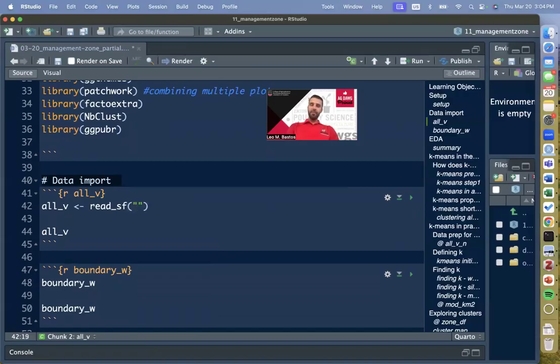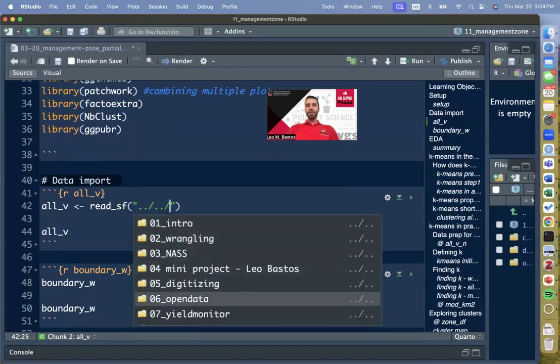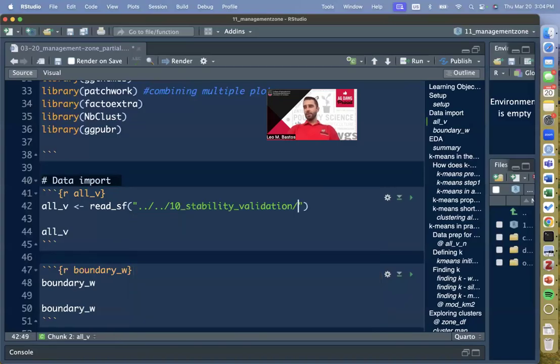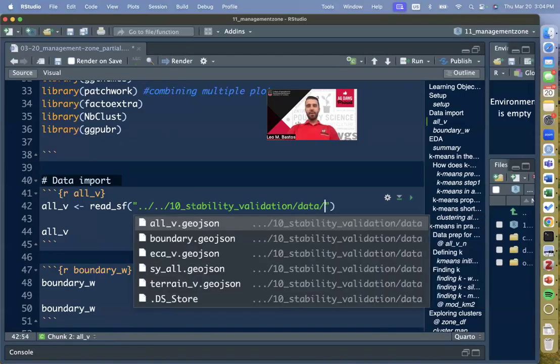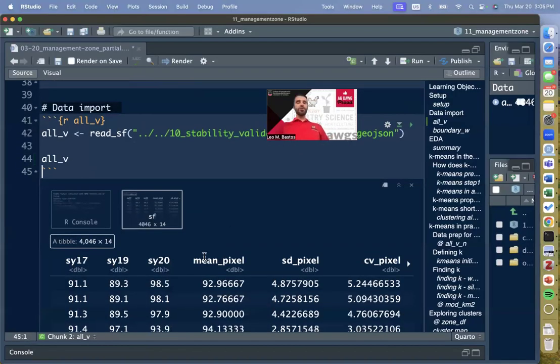To navigate there, we need to get outside of code, outside of this project, and go inside of the 10 stability validation project, go inside of data and bring in the all_v.geojson. If you run that, it pops up in our environment. And if we check it, on my side, I have 4,046 rows.